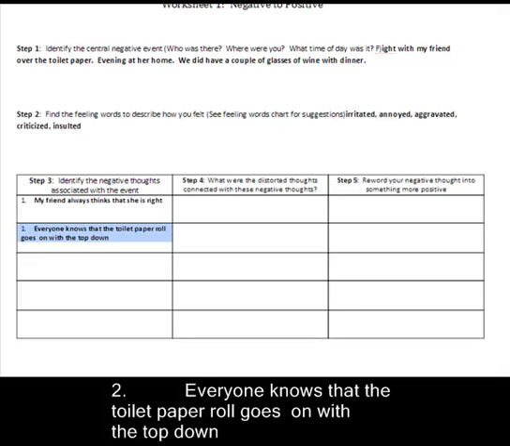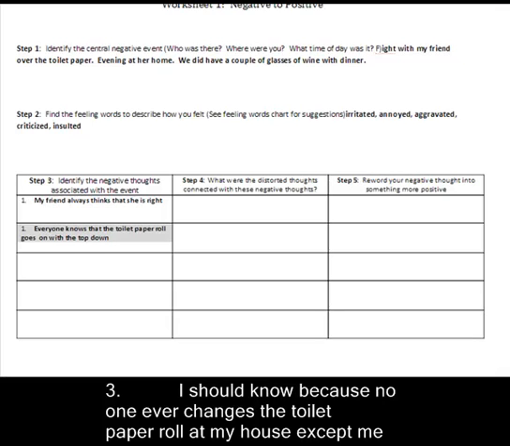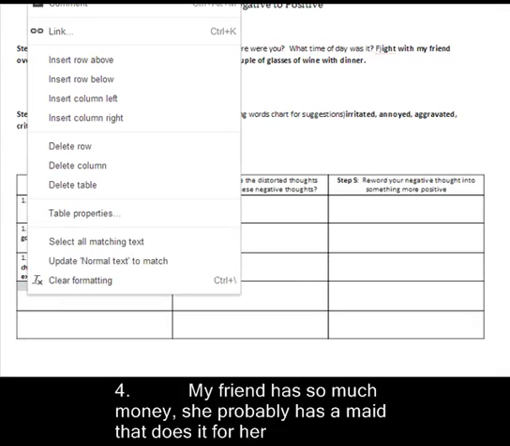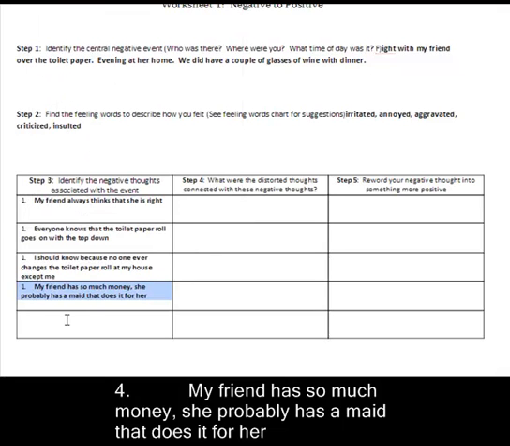And the third thought that I had was that I should know because no one changes the toilet paper in my house but me. And the last one was, you know what? My friend has so much money that she probably has a maid that does it for her. So those are the negative thoughts that I had after that event.